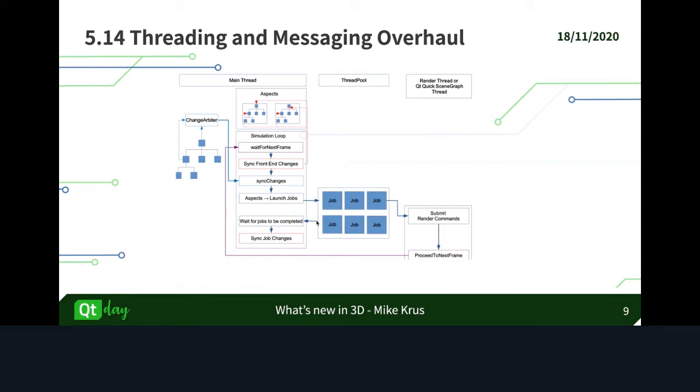So once they're all done, each job gets an opportunity to, in the main thread, copy the results of its calculations back to the main thread API objects. So now the jobs that run as part of the animation aspects can directly access the properties on the main objects.